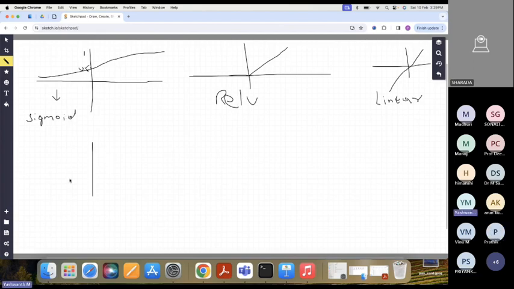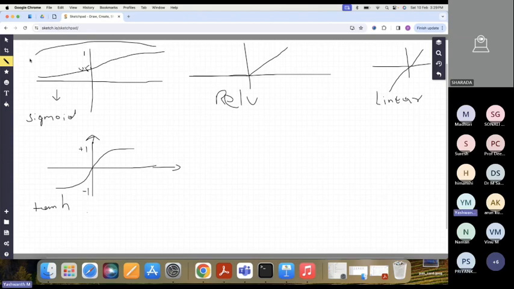And there is tanh, that goes from -1 to 1. And the question is, which of the activations always have positive outputs greater than 0? This is sigmoid. As you can clearly see, the graph completely lies above the x-axis.